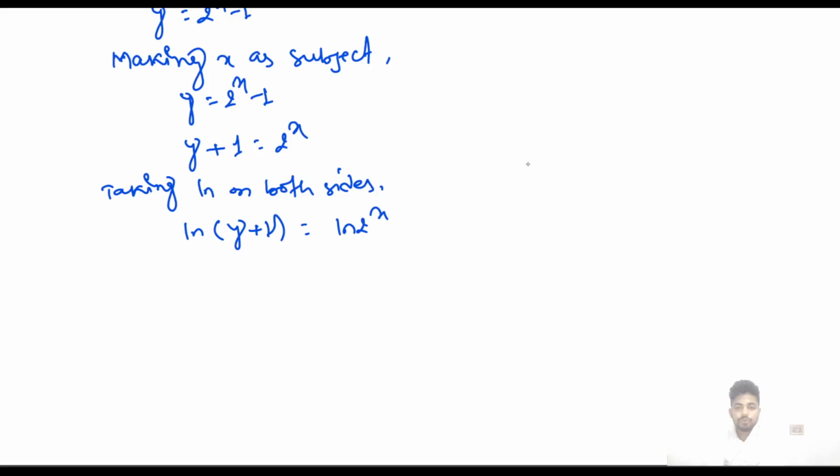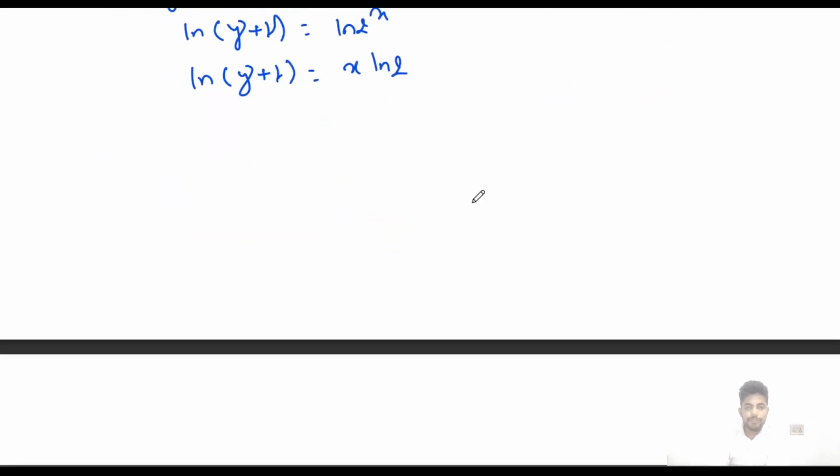We know the power rule for logarithms: ln a^x is equal to x multiplied with ln a. This means ln(y plus 1) we can write as x ln 2.